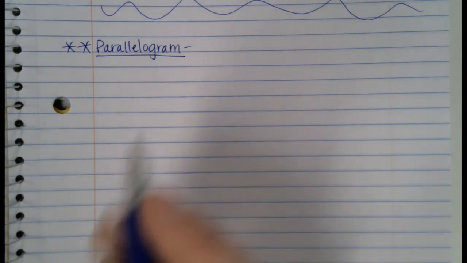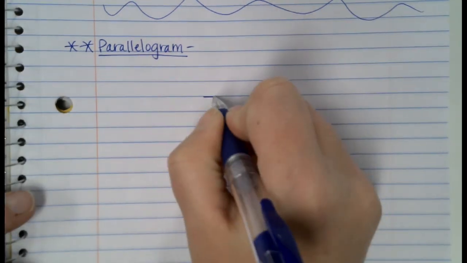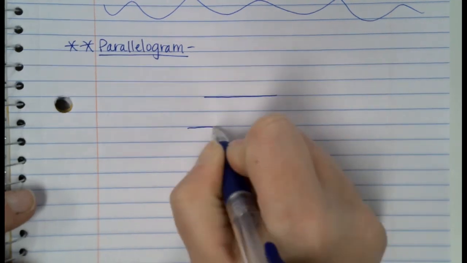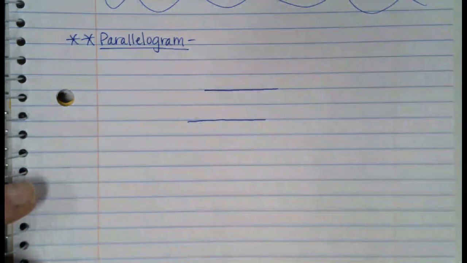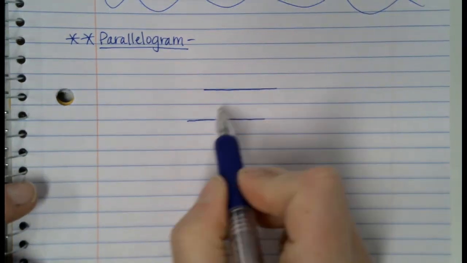So for example, this line and this line are parallel, okay? All the lines on your paper are actually parallel, but these lines are parallel. They never are going to intersect.